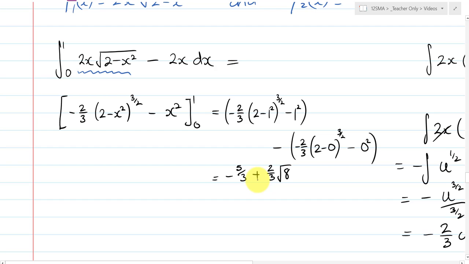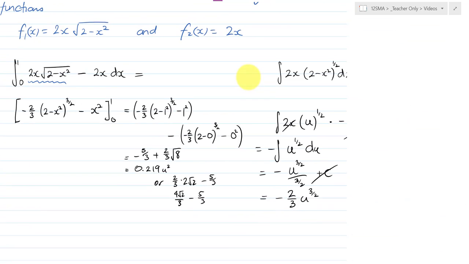That gives me, on my calculator, 0.219 units squared. But I could also leave it as 2/3 times 2 root 2 minus 5/3, or better yet, 4 root 2 over 3 minus 5 over 3 would also work perfectly well. So there's the answer to our first example.